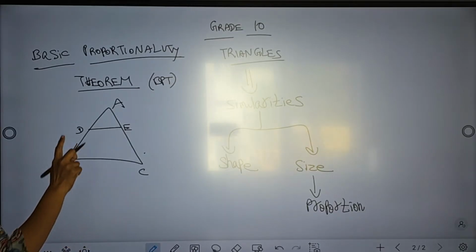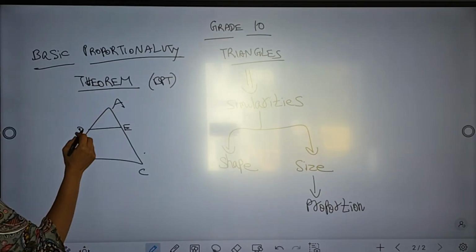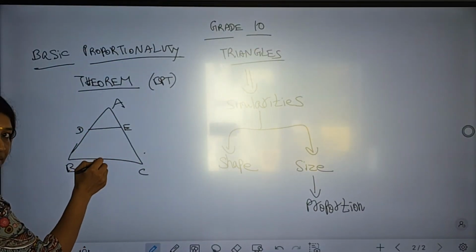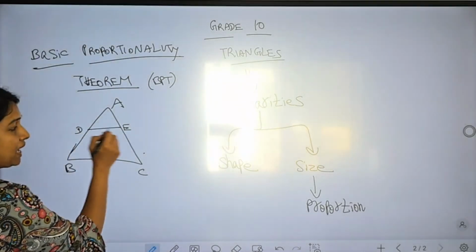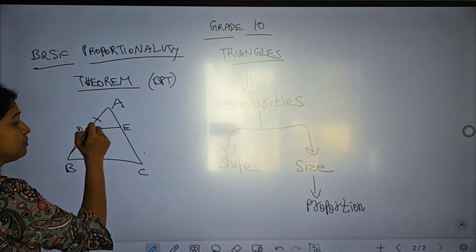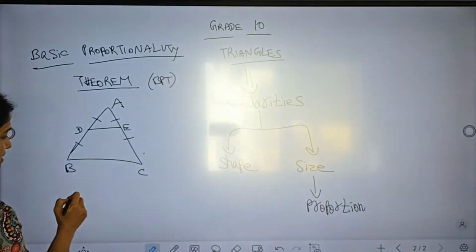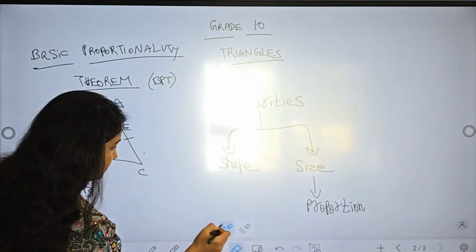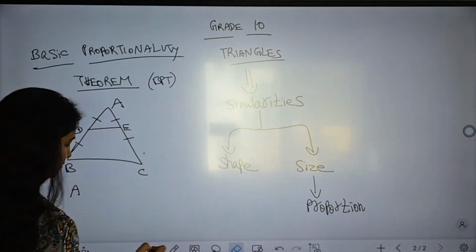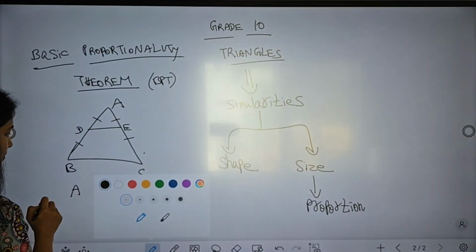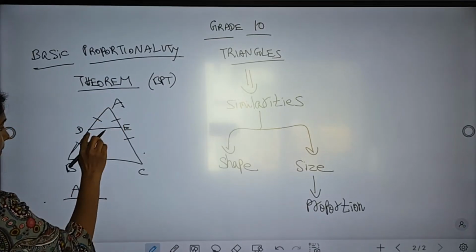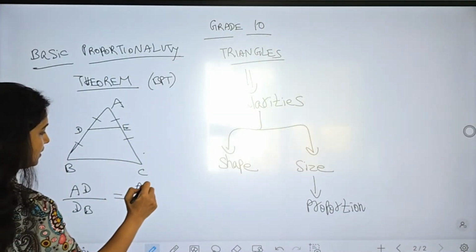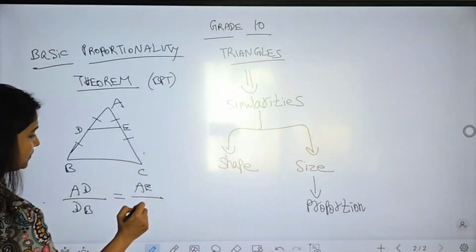Okay. So the BPT says that if a line is parallel to any one of the sides of the triangle, then this parallel line would divide the other two sides in proportion. That is AD by DB is equal to AE by EC.